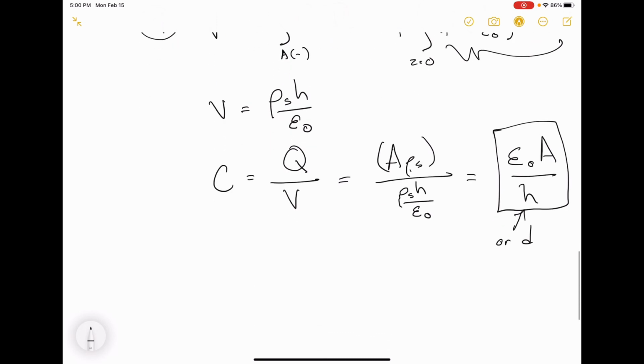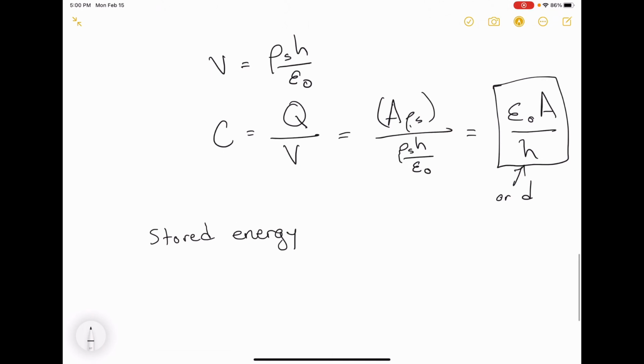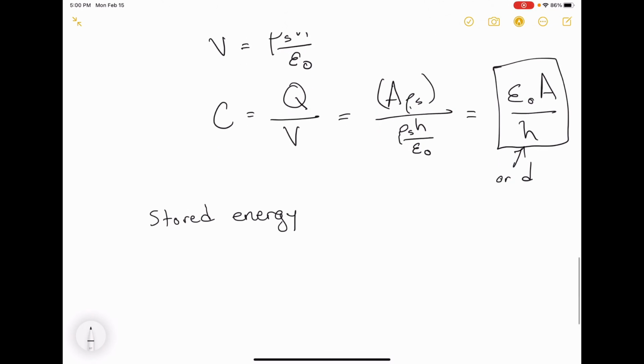I'd also like to talk about the stored energy in a capacitor. If we let W of t be the stored energy in a capacitor versus time as we charge it, we could also write that as the integral from 0 to some time t of the power.